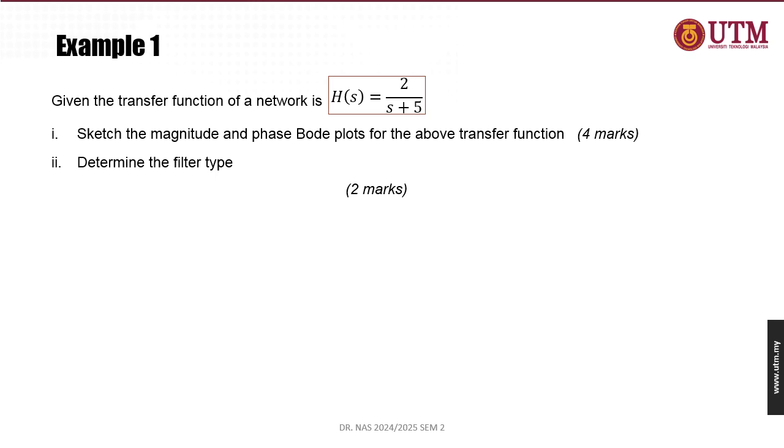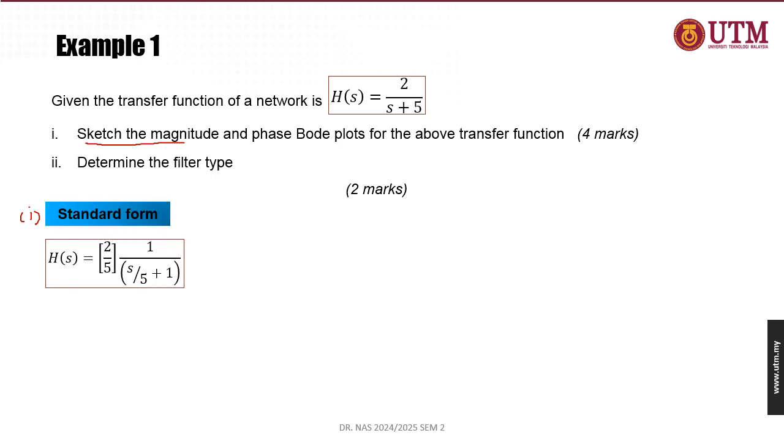The question asks you to sketch, so you just need to sketch in the blank answer sheet. You don't have to use the logarithmic plot at all. In order to do this, you need to convert the given transfer function into a standard form. So you need to separate between the constant and also the poles or zeros component.